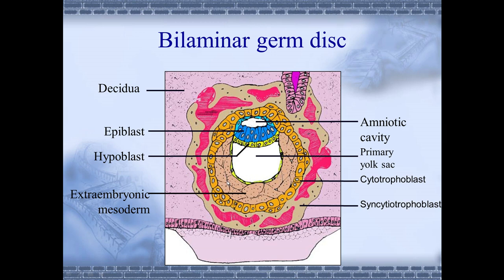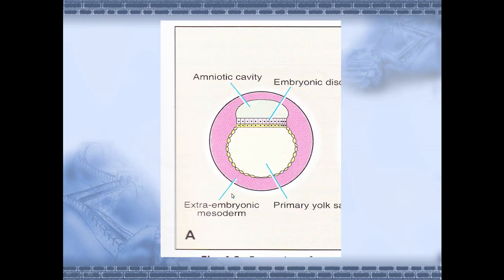Okay. Then what happens? There is the formation of the extraembryonic coelom. Another slide we will see. This is a diagram taken from books. We are repeating the same thing once again: the embryonic disc, epiblast, hypoblast, amniotic cavity, primary yolk sac, and here is the formation of the extraembryonic mesoderm.